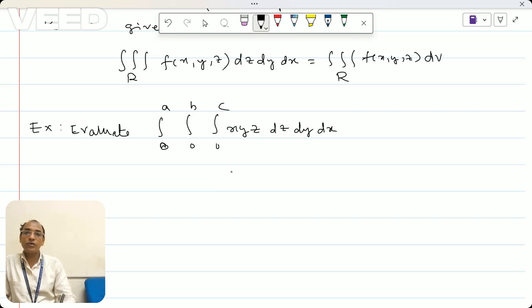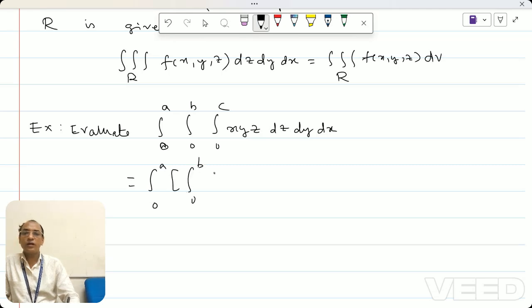So first, suppose I will say that inner integral is z, the limit of z will be 0 to c, and the next inner integral is y, and the limit of y will be from 0 to b, and the outer integral will be x, and the limit of x will be 0 to a. And so I can write this one in this way: integration 0 to a, integration 0 to b, and then integration 0 to c, xyz.